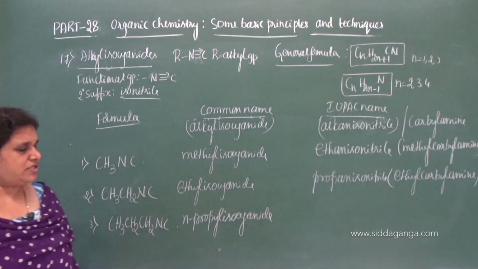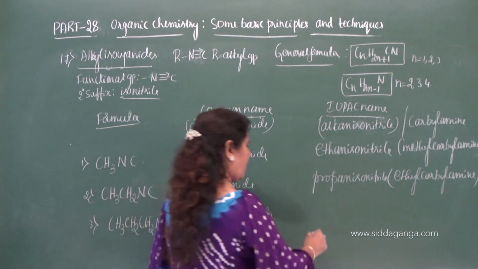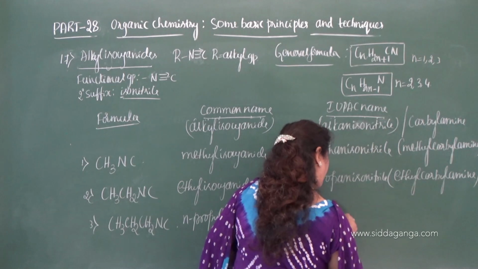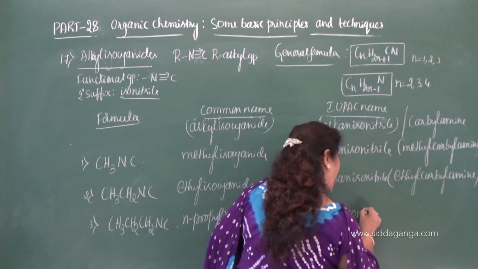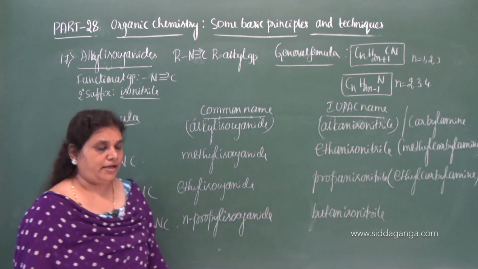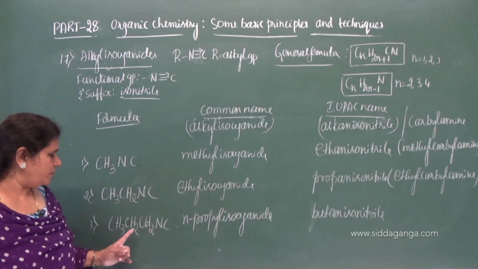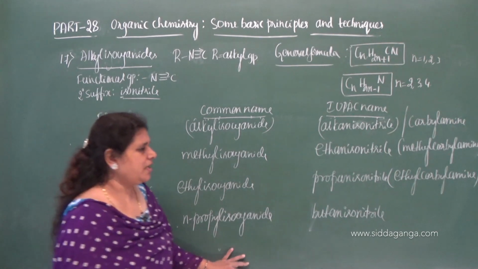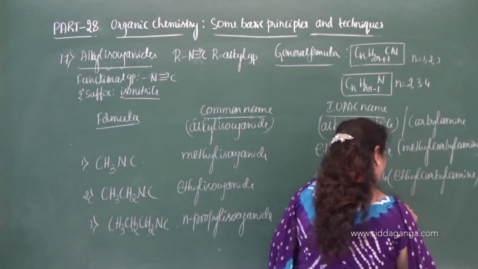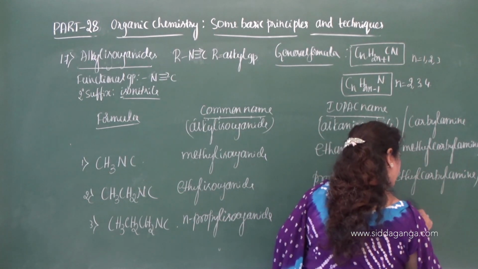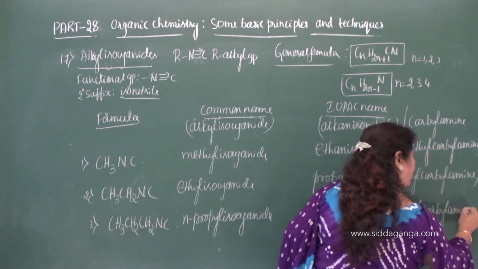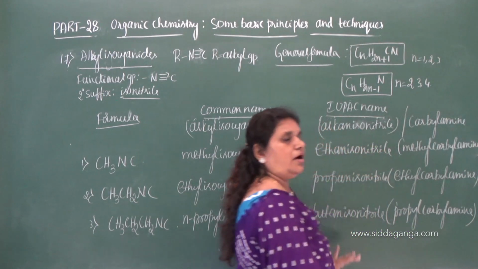N-propyl isocyanide. So butane isonitrile. Butane isonitrile. One carbon atom of the isocyanide group, 1, 2, 3, 4, 4 carbon atoms. Therefore, butane isonitrile or propyl carbyl amine. Carbyl amine is one more IUPAC name.